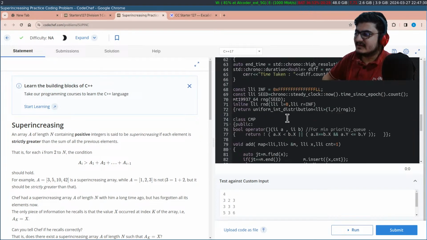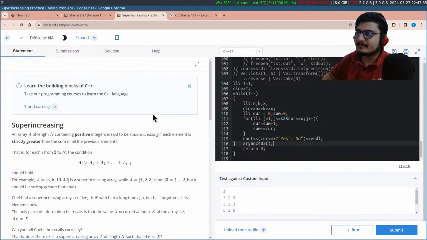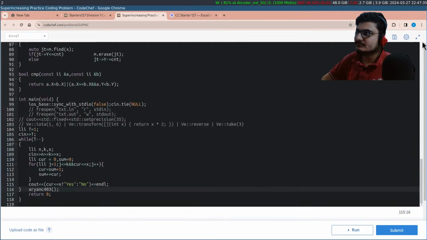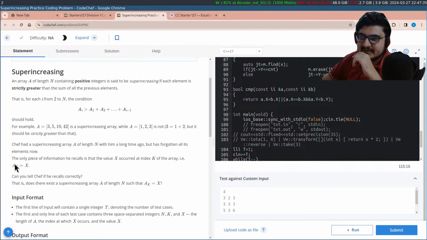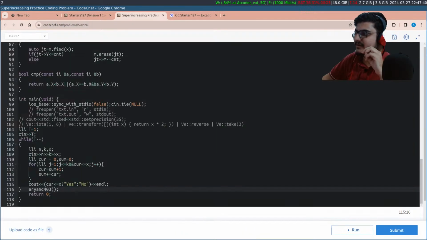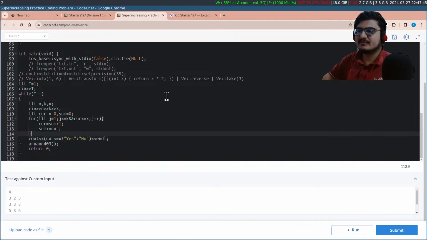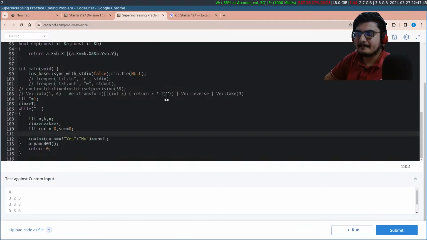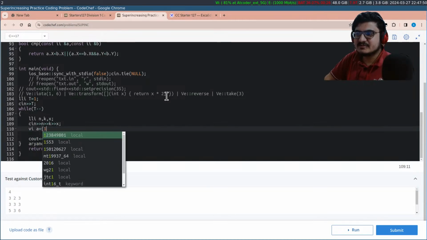So I will start creating the array. I haven't read the full problem statement, but I think everyone has read it. So the idea is we can try to create an empty array. The smallest possible number is 1.